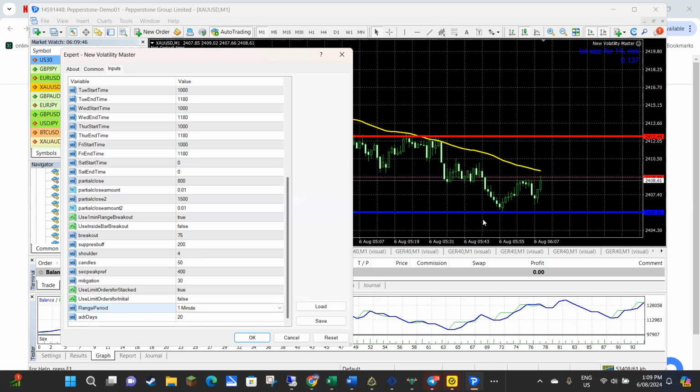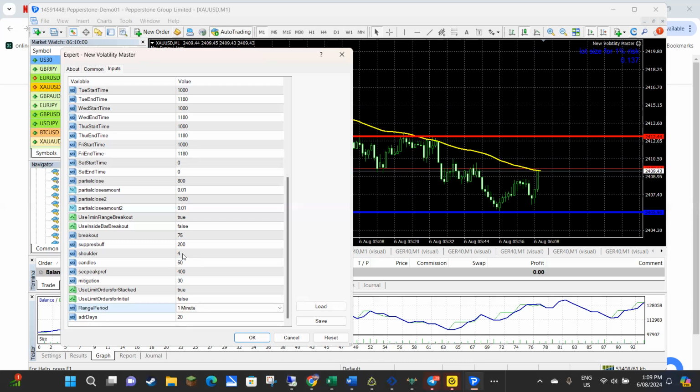If you set that to 5, then 5 candles either side need to be higher, and opposite for the top of the range. Between 3 and 5 is what we use. I mostly always use 4. If you go any less, it's going to give you false peaks. If you go any higher, you'll miss out on peaks that are definitely peaks.